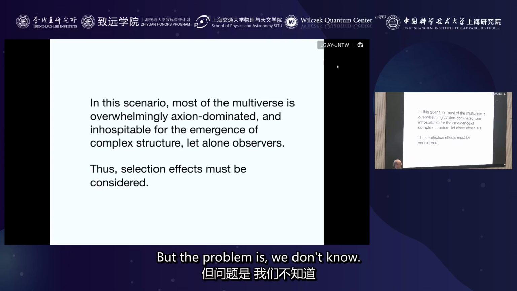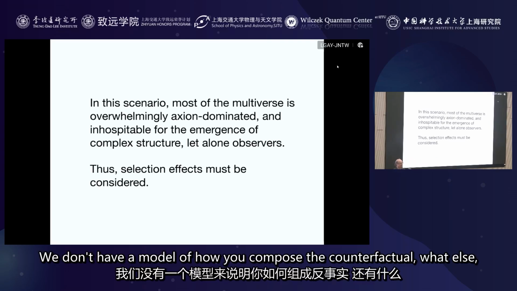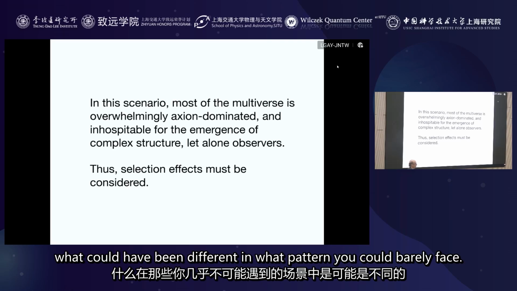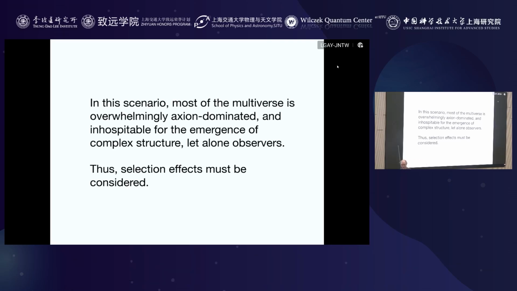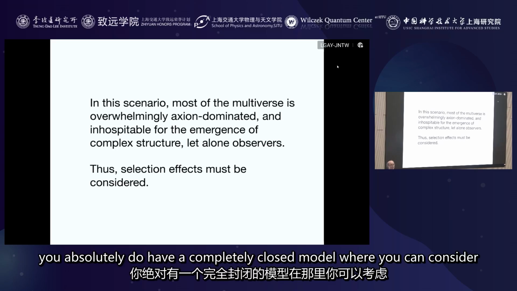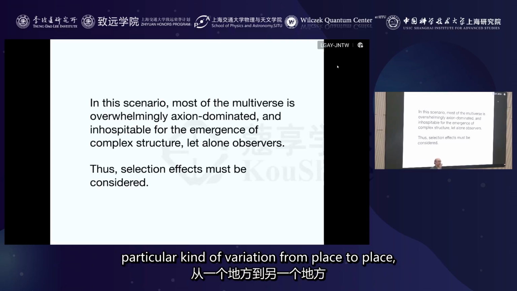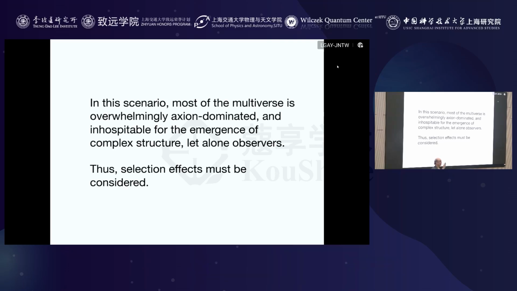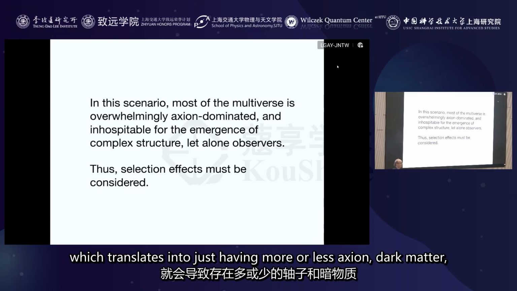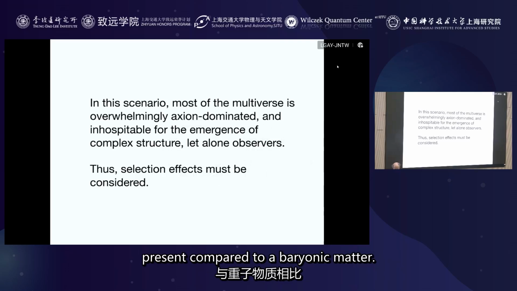But the problem is we don't have a model of how you can pose the counterfactual, what could have been different, and in what pattern you could vary things. But in this case, you absolutely do have a completely closed model where you can consider the effects of this particular kind of variation from place to place. It's just changing the value of theta 0, which translates into just having more or less axion dark matter at present compared to baryonic matter.